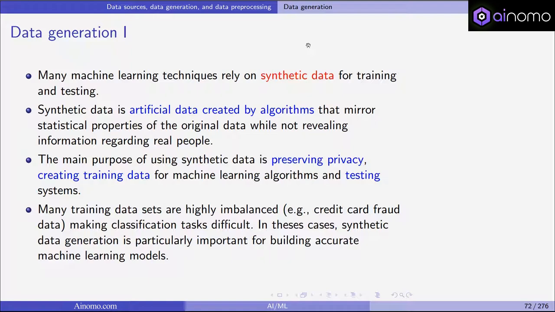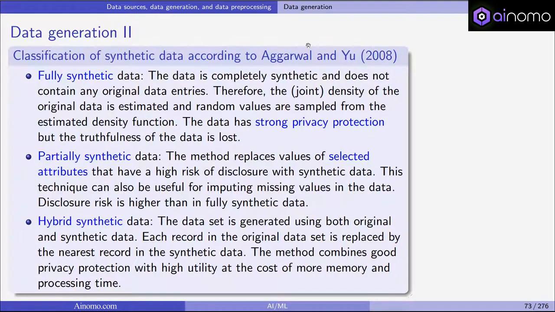This is why we need to generate data. Now, many training data sets are highly imbalanced, making classification tests difficult. And in these cases, synthetic data generation is particularly important for building accurate machine learning models. And we'll later on see how this actually works.